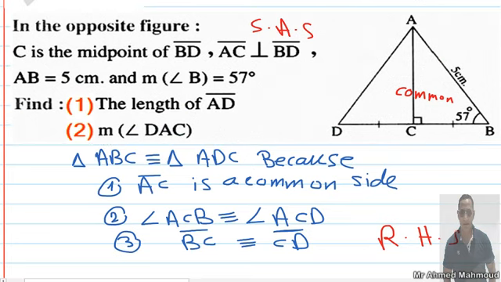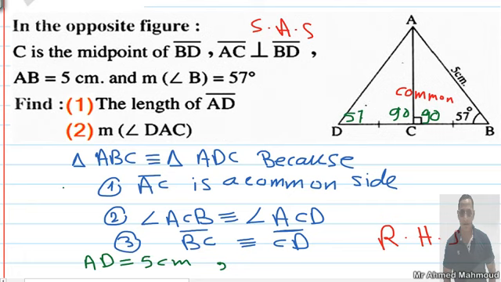Then we can say that AD equals AB equals 5 centimeters, and measure of angle DAC equals measure of angle BAC. Here we have a right angle, 90, and here we have 90. This angle is 57, then this angle is also 57 degrees.